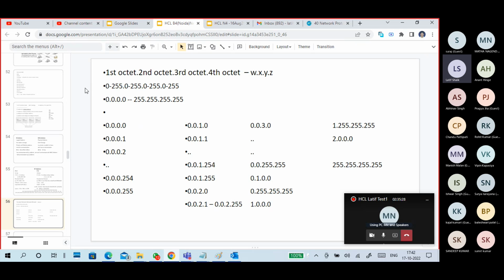There are 4 octets, and each octet has a range of 0 to 255.